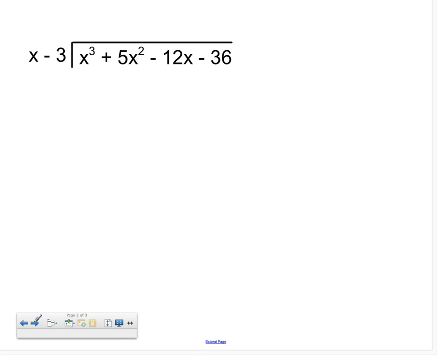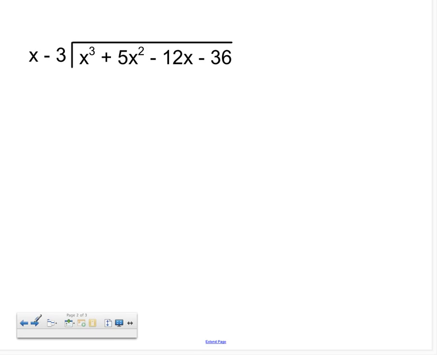The leading term is the term that has the biggest exponent on the variable. So on the inside, the leading term is x cubed, because 3 is the biggest exponent that the x has, so x cubed would be the leading term. On the outside, the leading term is just the x, because there's no other variable there. The minus 3 is a constant, so x would be my leading term, because I'm mainly focused on the variables.